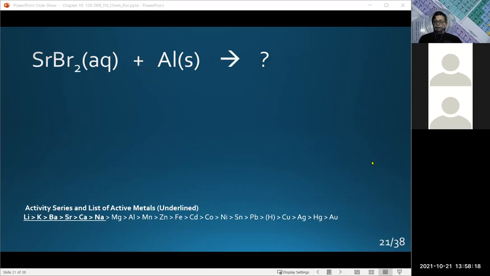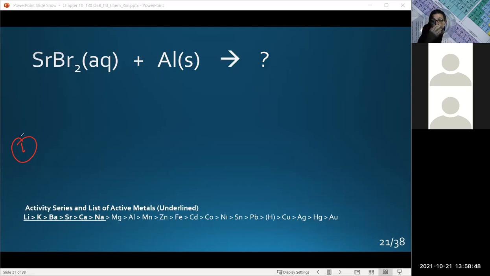All right, let's take this one. Okay, who can tell me which metal is more reactive, strontium or aluminum? Which one is more reactive?